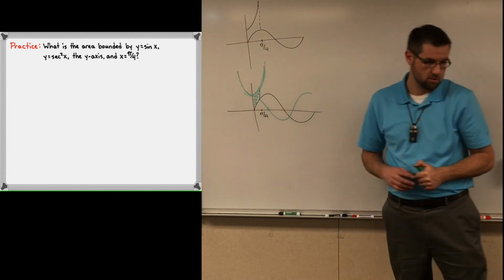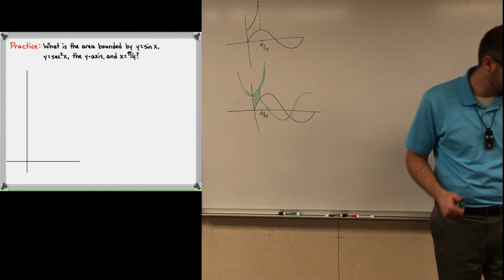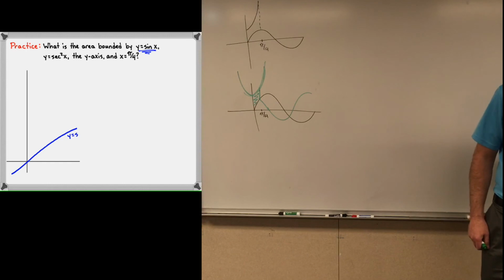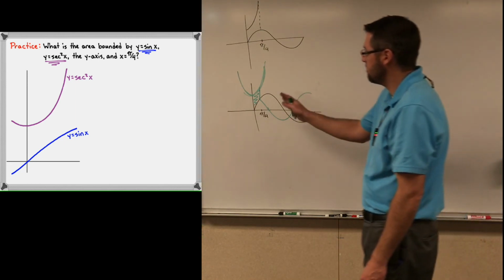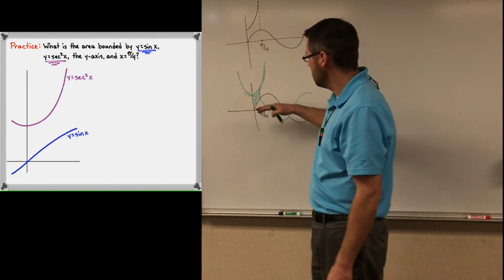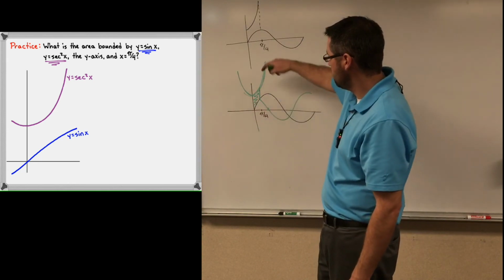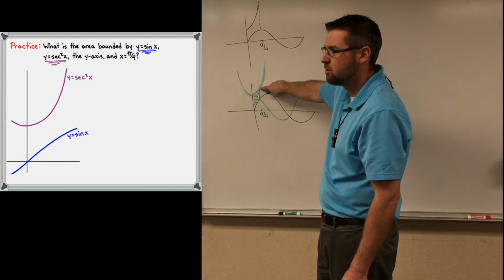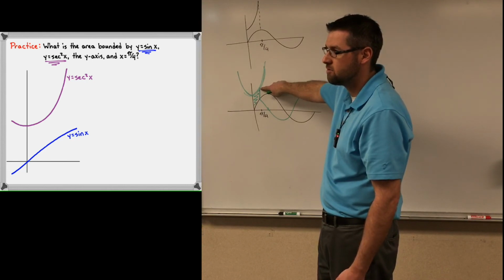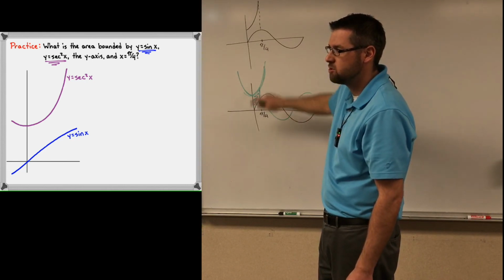Maybe change your window. Change your window from 0 to pi over 4 and from the y value 0 to what is this point of secant. What's secant of pi over 4? Rad 2 over 2, so 2 over rad 2, which is 4 over 2, is 2.